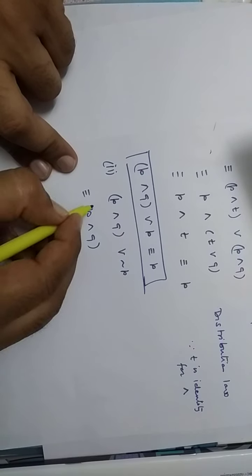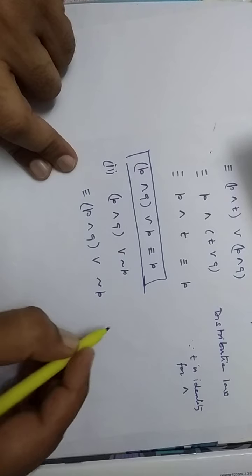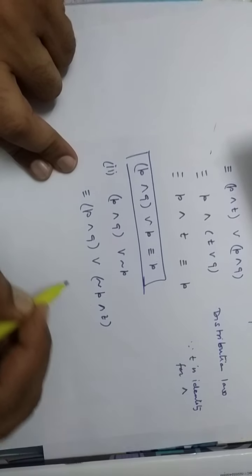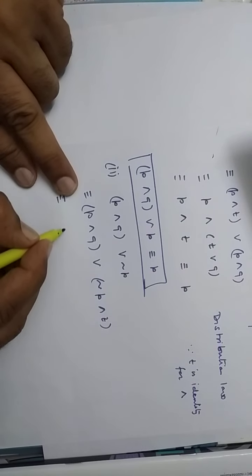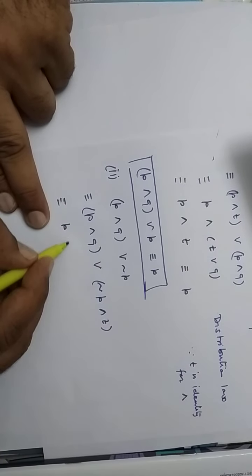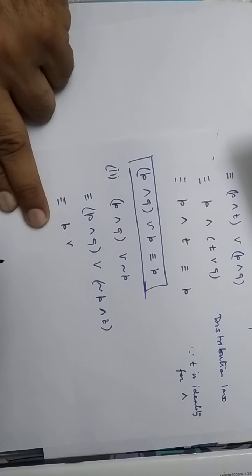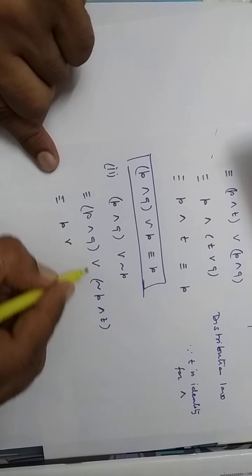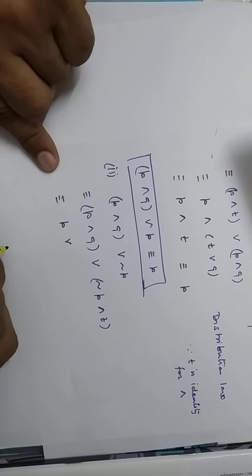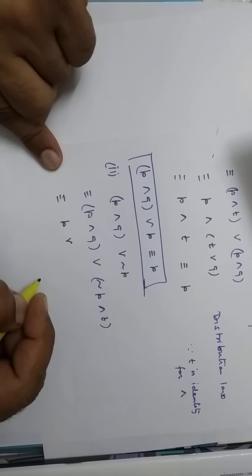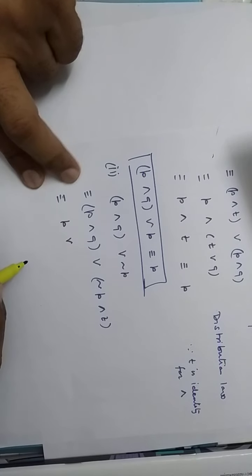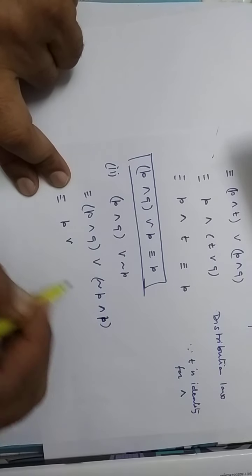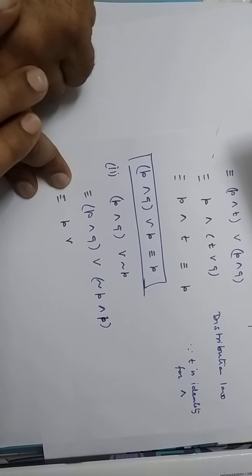P and Q join negation of P and tautology, अपन ले सकते हैं इसको, and this is nothing but the P join, P and Q and join negation of P and T. Negation of P and P ले लेते हैं अपन, negation of P and P. This is the fallacy.